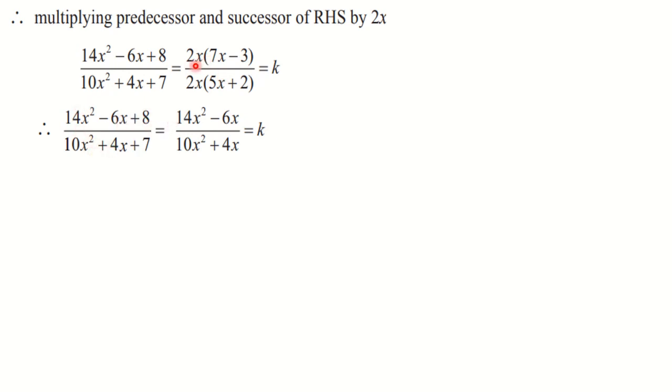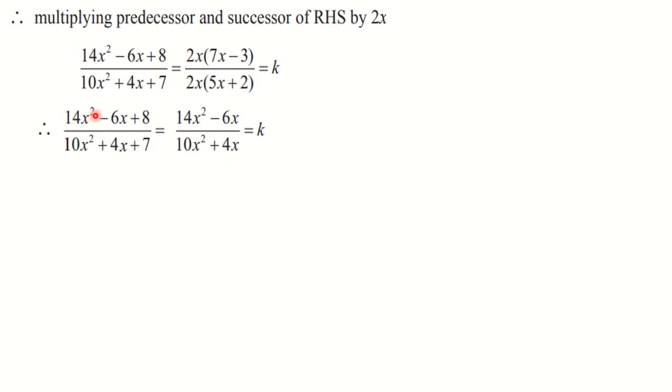Here you got 2x into 7x as 14x square, and 2x into minus 3 as minus 6x upon 10x square plus 4x. You will observe that these two terms and these two terms are the same. Similarly, these two terms from the denominator are the same as these two terms from the denominator. So now it is possible for you to apply the theorem on equal ratios.